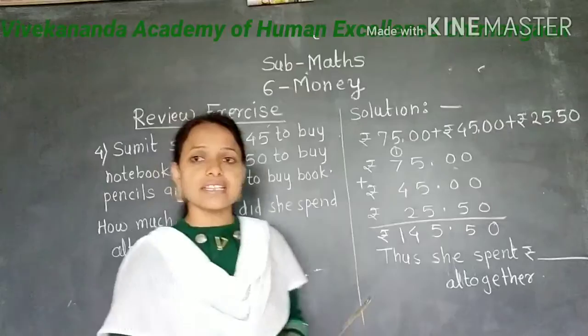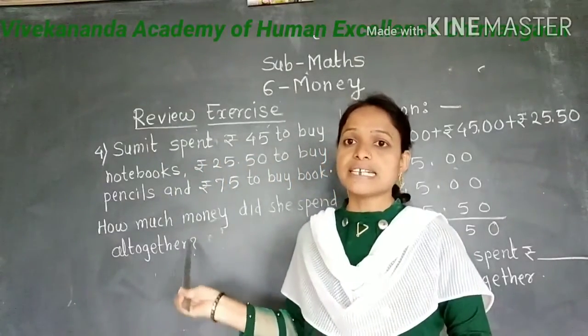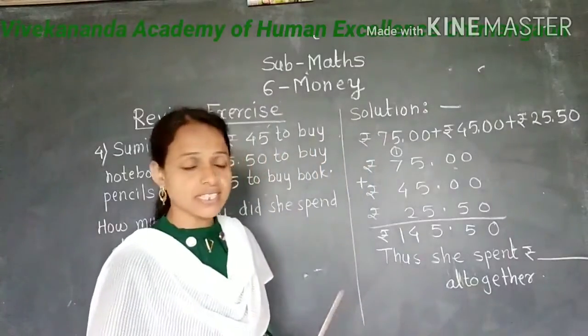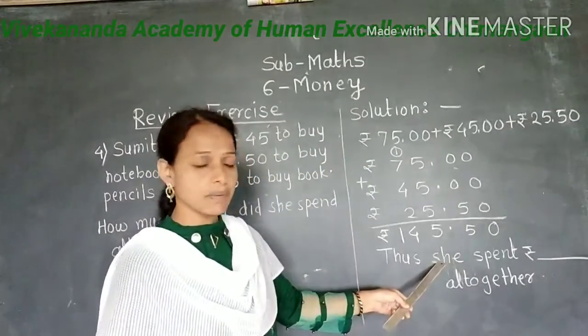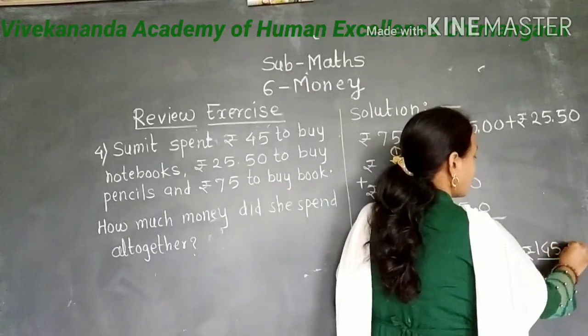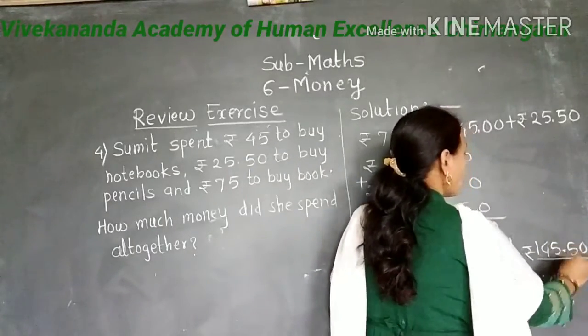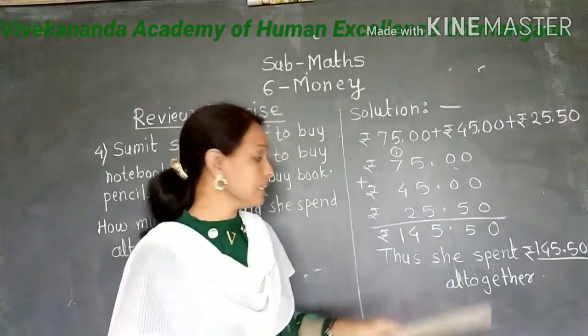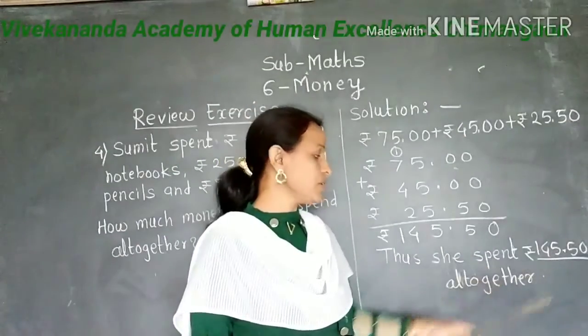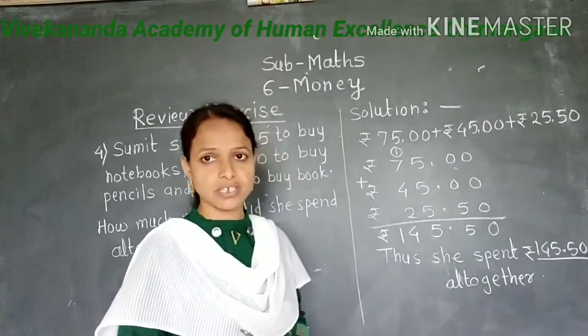Okay, so here they ask how much money did he spend altogether. Thus he spent 145 rupees 50 paise altogether.